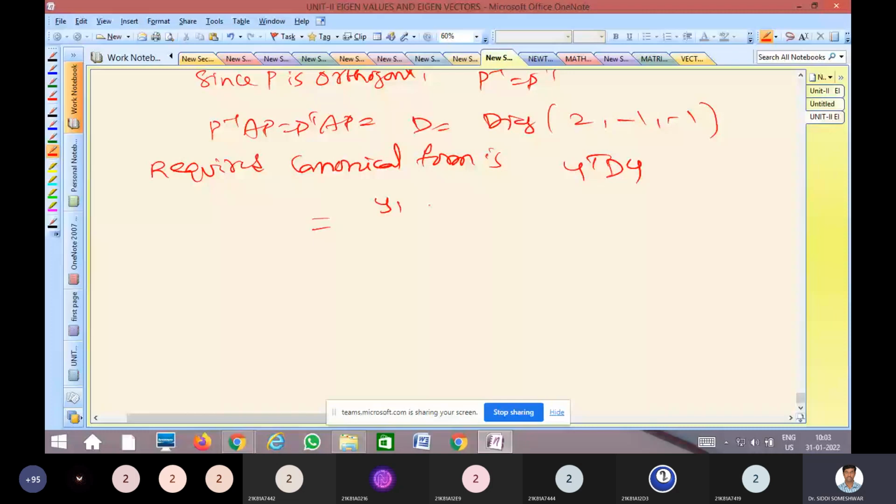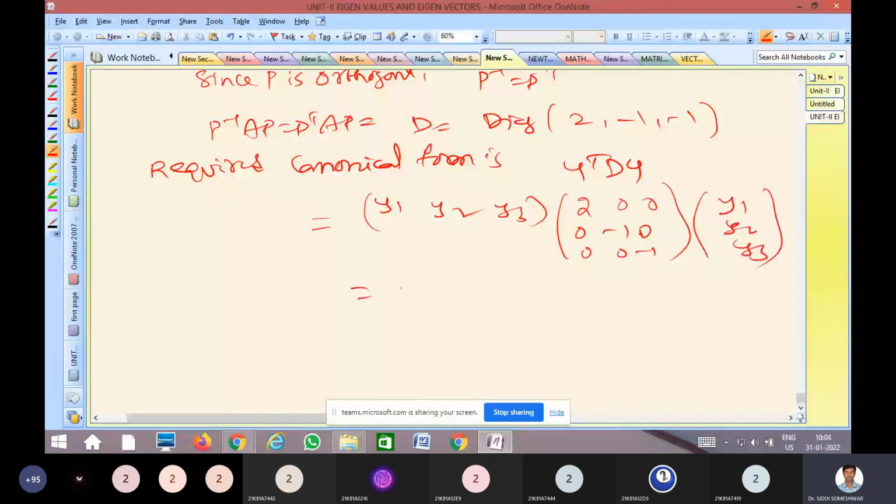Y1 Y2 Y3 into the diagonal matrix and the column vector y1 y2 y3. So what is your answer here? 2 y1 square minus 1 y2 square minus 1 y3 square. So this is the canonical form you are going to get here.